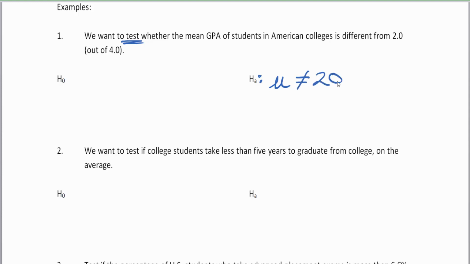So the alternative is saying, I don't think the GPA of colleges is 2.0. I think it's different than that. Then the null would come along and say, oh, well, you know what? I think it's 2.0 all day, every day. So that's the contrary positions in this problem.